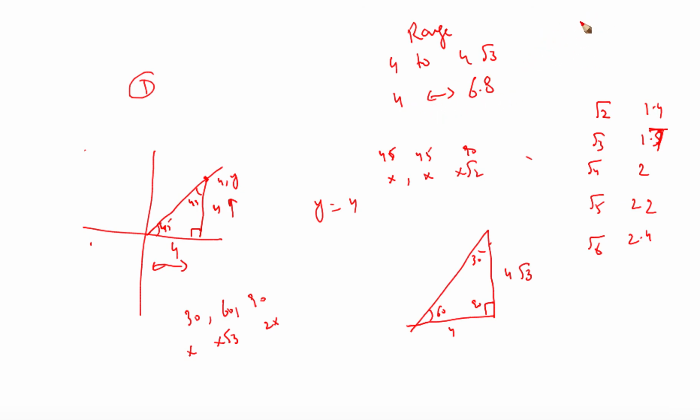If the question asked us about some integer value, then it must be 4 to 6, but it is not asking, so 4 to 6.8. So the answer can be this, even this, or this.